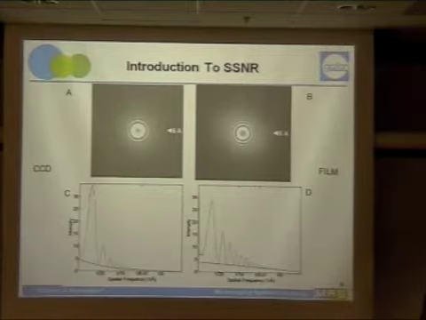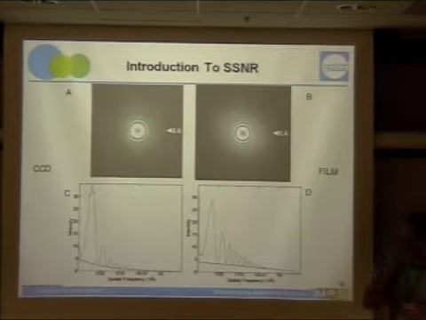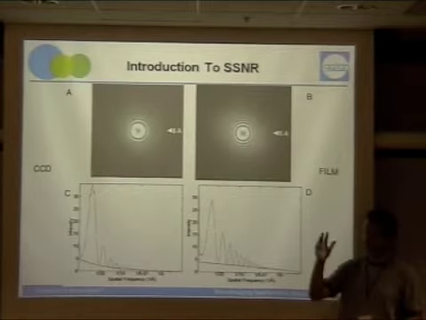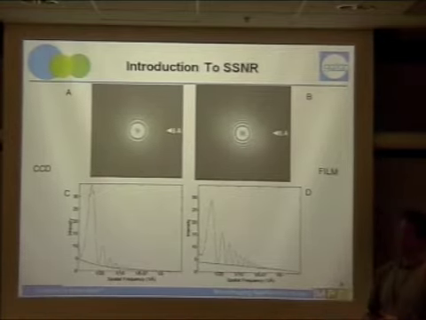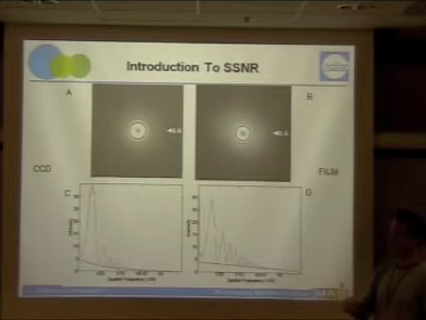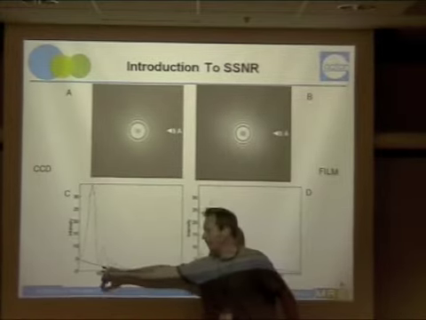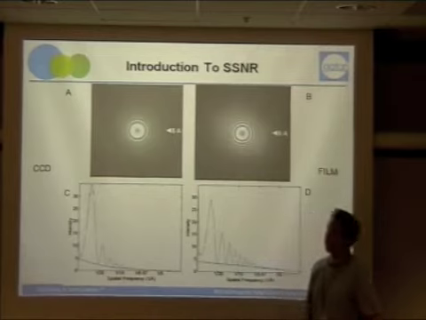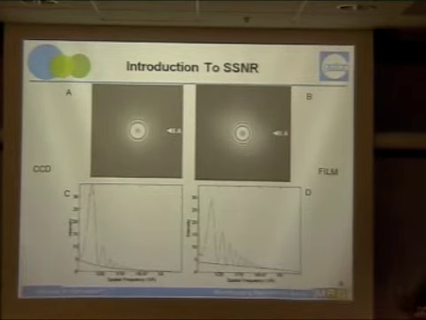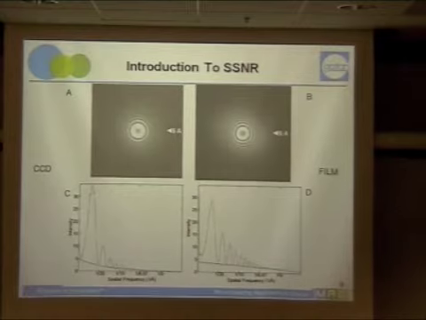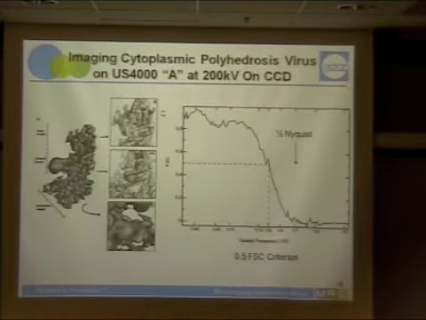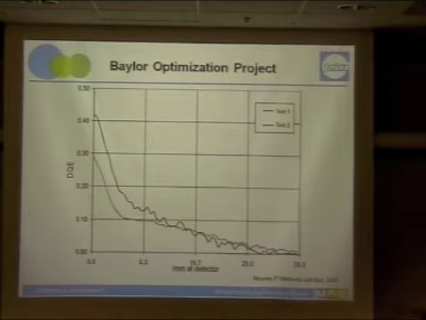With the metric you were suggesting to Henning about the 0.5 cutoff, could that be improved by incorporating the falloff of the noise as well, or is that not necessary? It's a good argument for the normalization that Chris pointed out. You divide one by the other, and that's called the resolution or frequency dependent detective quantum efficiency, DQE.